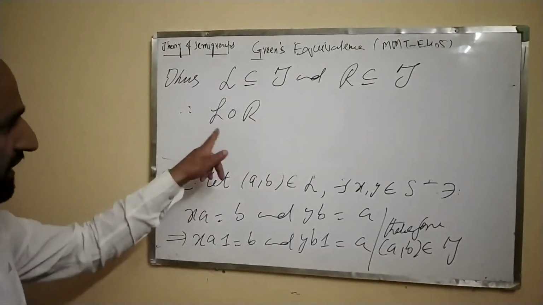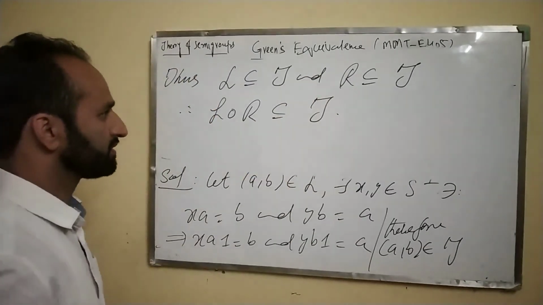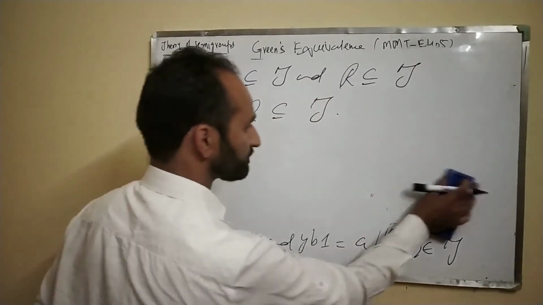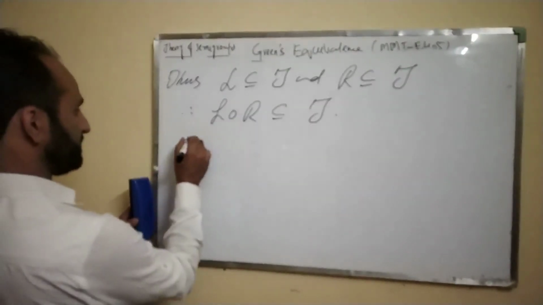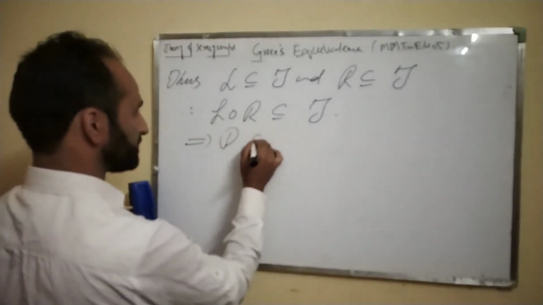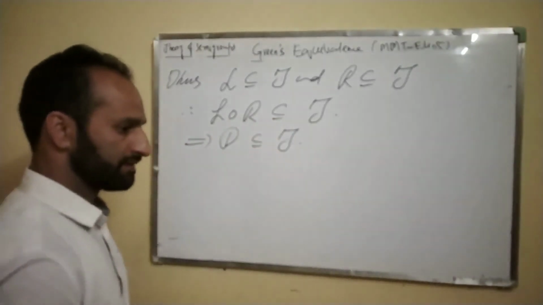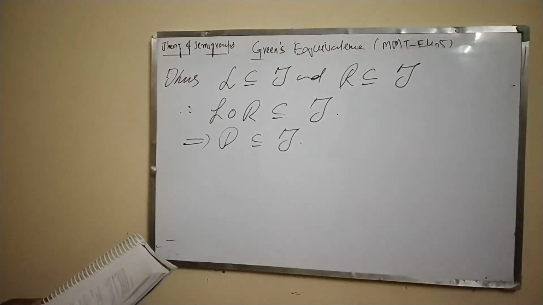Therefore this must be a subset of J. In other words, D is a subset of J, because D is actually the join. D is a subset of J relation.